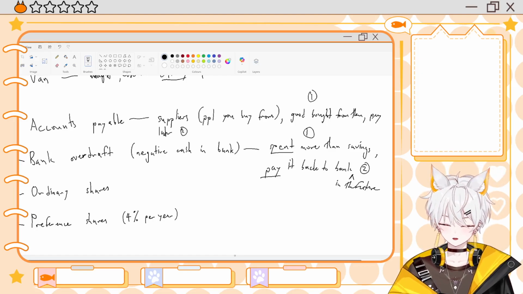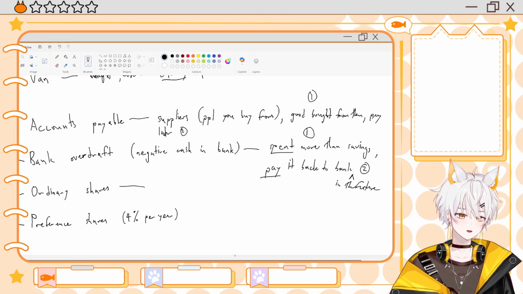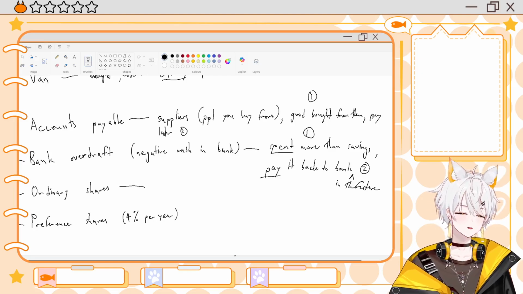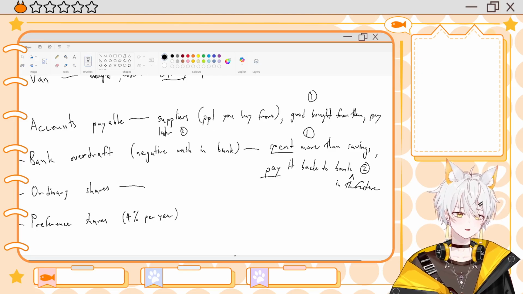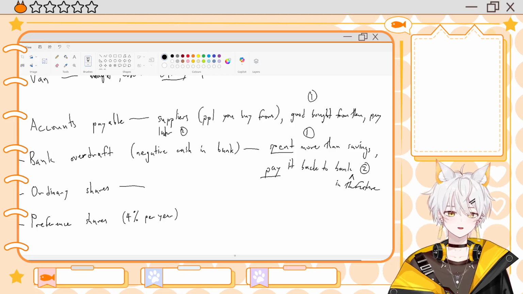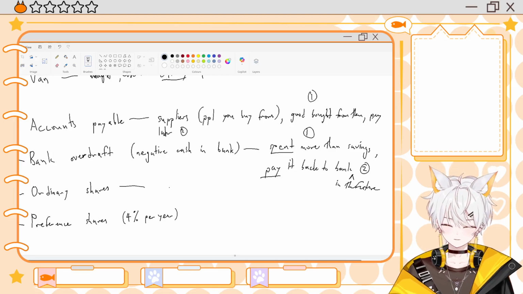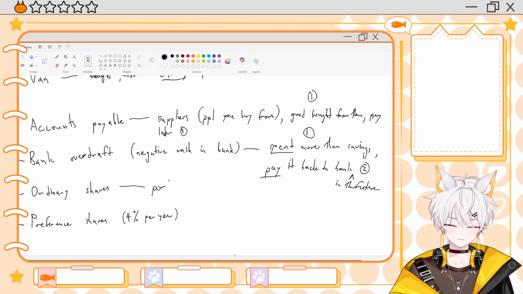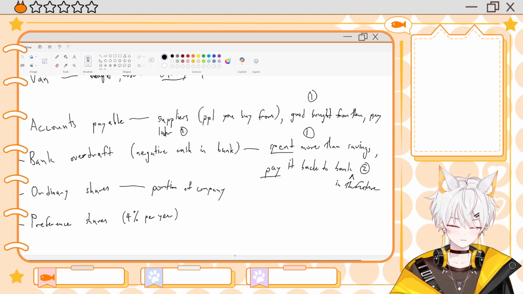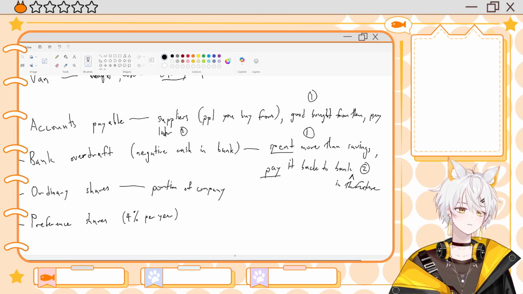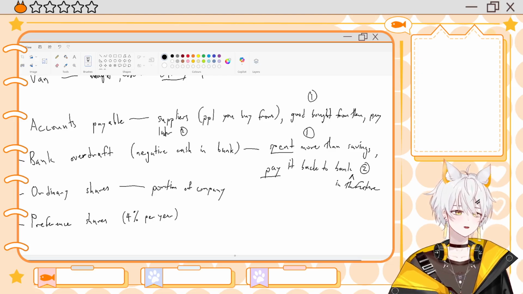Now we move on to ordinary shares. For those who do not know what ordinary shares are, in the simplest of terms, you buy a portion of a company. Now, say the company sells shares.